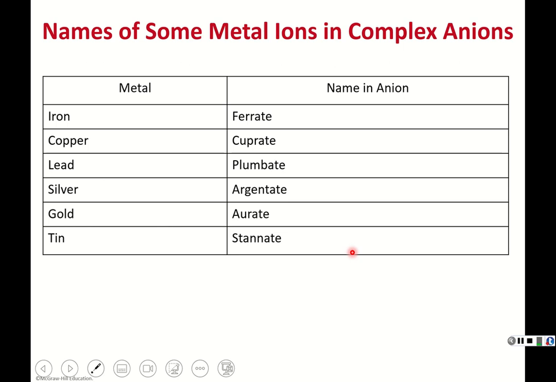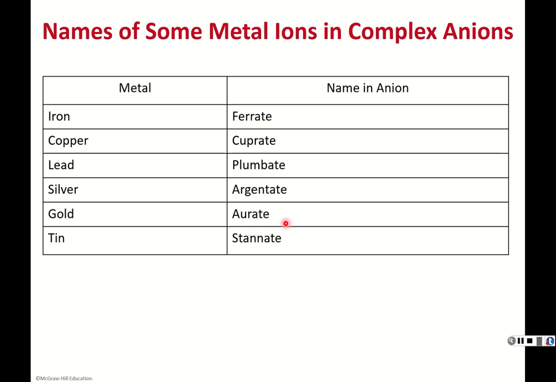Some of the names of the metals, and this is where it gets maybe a little bit trickier: if we have iron, that's ferrate; copper is cuprate; lead is plumbate; silver is argentate; gold is aurate; tin is stannate.